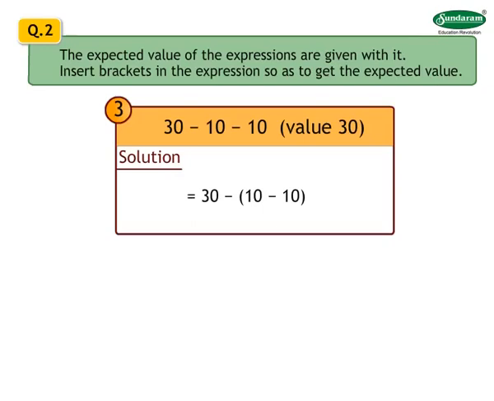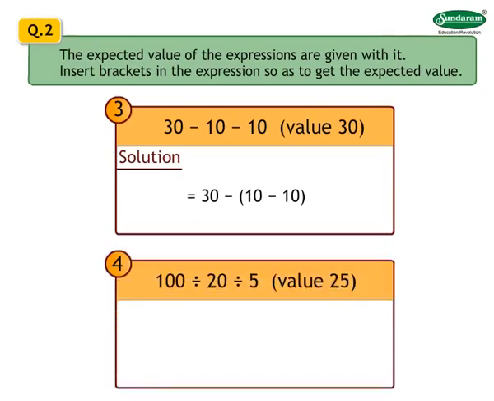Number 4. 100 divided by 20 divided by 5. Value is 25. Solution. We will insert simple brackets for 20 divided by 5, so 100 divided by (20 divided by 5).